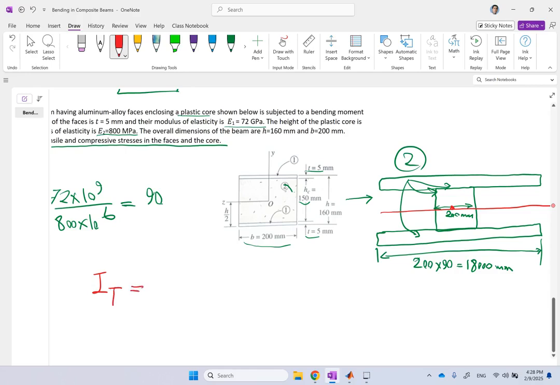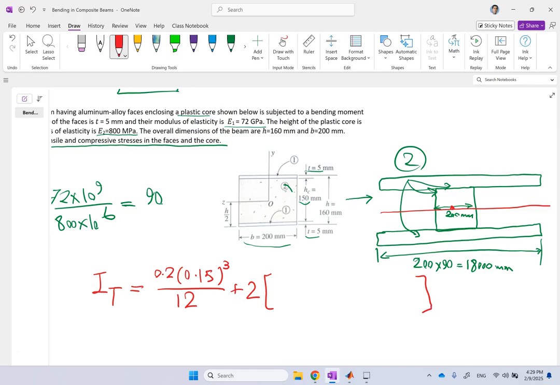So I for the section 1 is whatever it was, so it is still b, which is 200, and I write it in meters unit, 0.2, times the height of it, which is 150, cubed over 12, and then plus 2 times, because you have 1 on the top, 1 on the bottom. Now for these guys, what is the I for these ones?